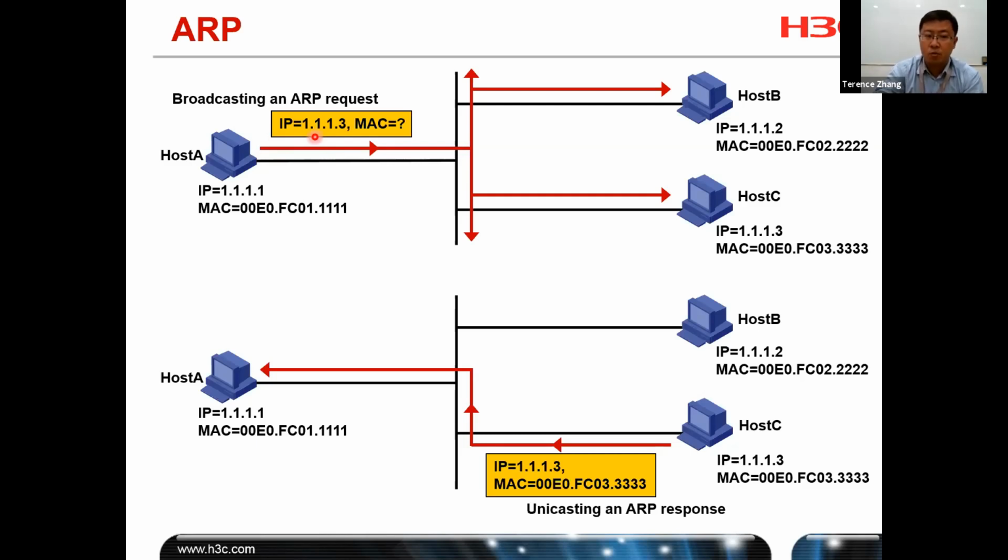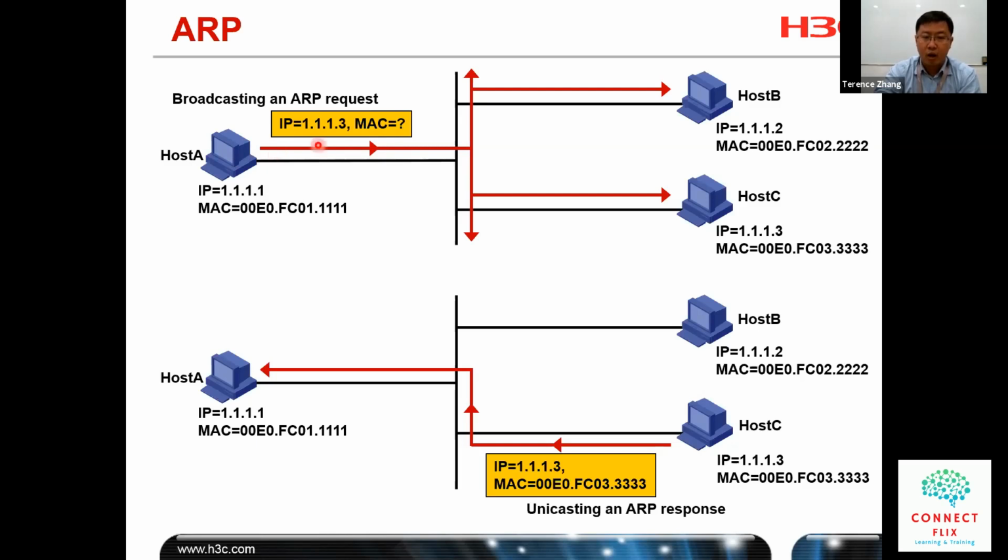The destination IP is 1113, but where should layer 2 send this frame? There's no destination. So the host must ask. The circumstance is like this: I have the destination IP 1113, and I want to know its MAC address. This is the question mark, right?